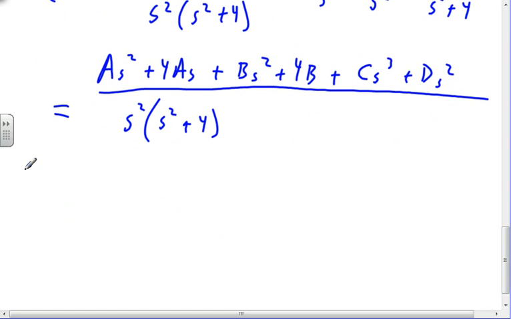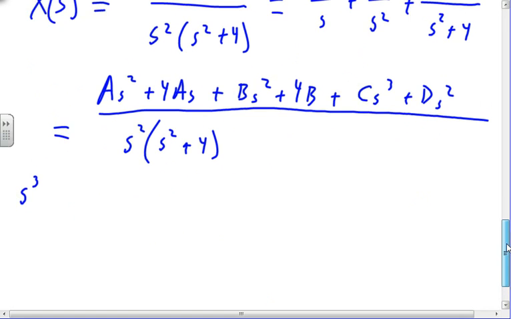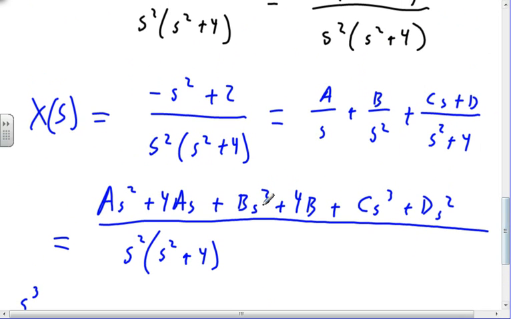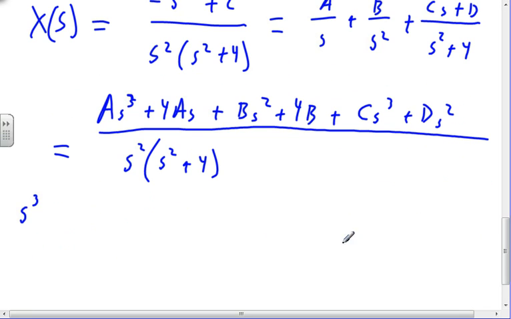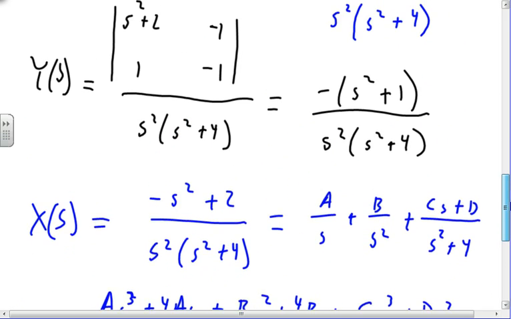All right, so now I look at the s cubed term. Is that an s cubed term? That's what you said. Yeah, I said s cubed, and it would have to be an s cubed term. So the s cubed term looks like A plus C. Is there an s cubed term?